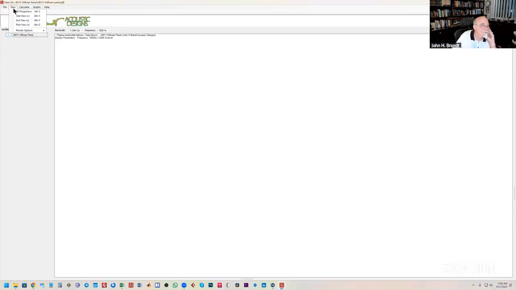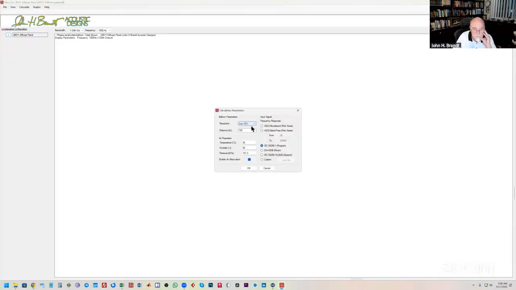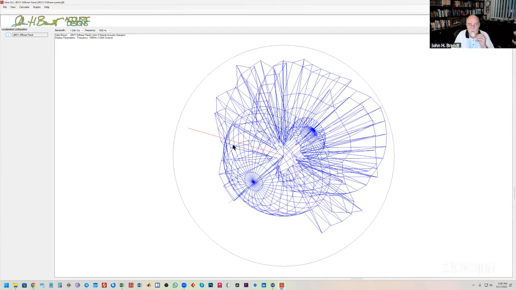Oh, I know. 3D perspective. No. File. Oh, that's what I have to do. Okay. Balloon. 10. Distance. 5. There it is. So this is my slatted diffuser, the one at different surfaces, different distances.